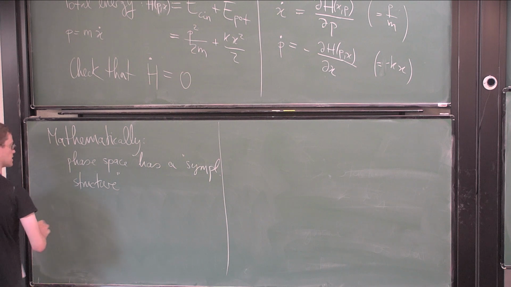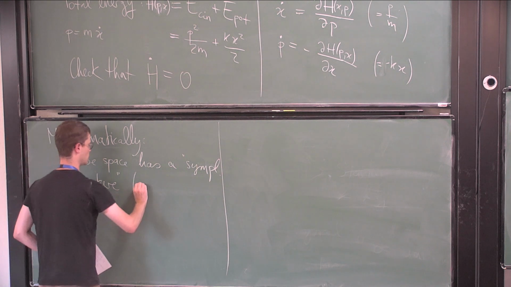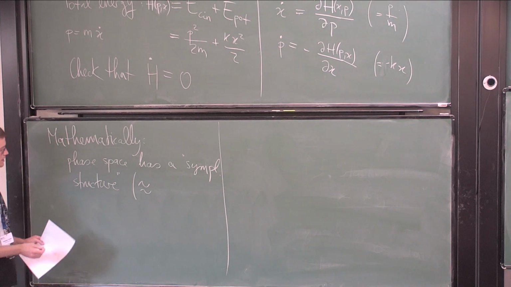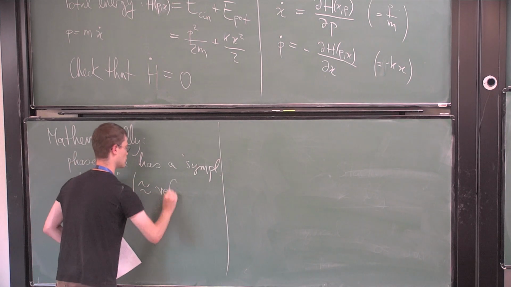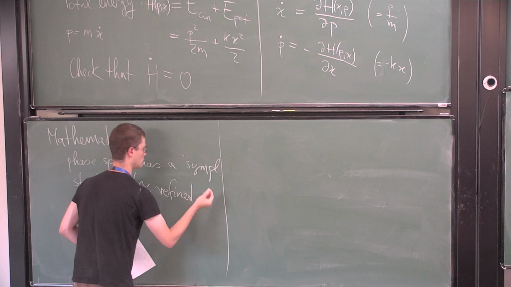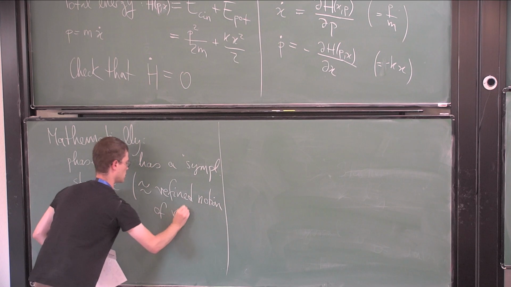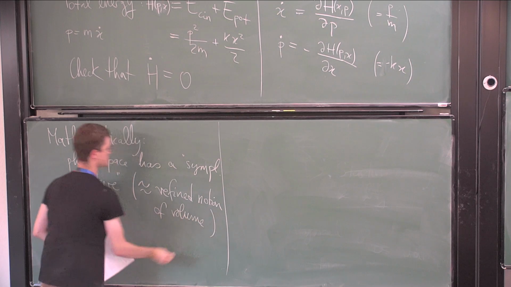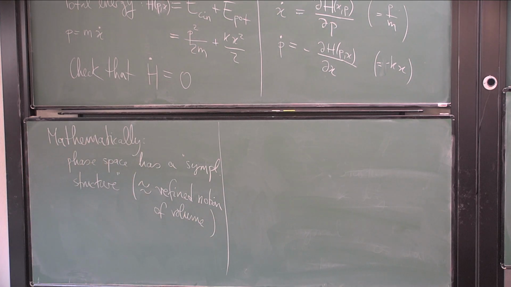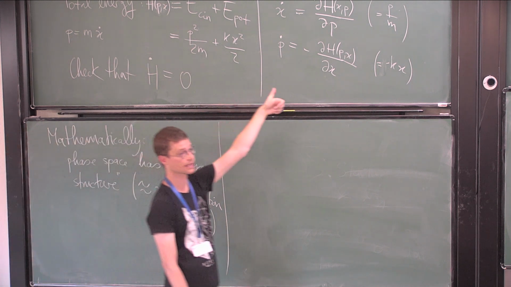So as a first approximation, let's say that symplectic structure is a refined notion of volume. We will see later exactly what this means. And again, this symplectic structure does several things. First of all, it gives you this notion of symplectic gradient.